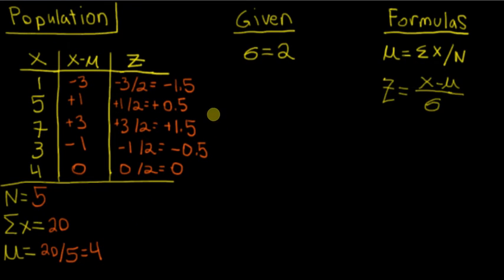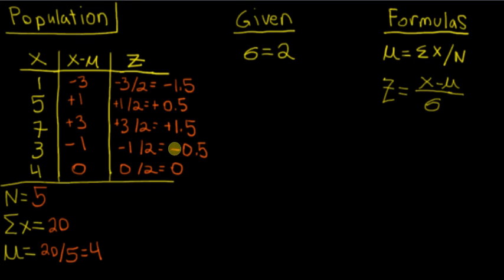Now if you remember reading about the theory before you do these calculations, and that's what I suggest you do, you'll know that the mean of a z distribution is always equal to 0. So basically the difference between the x-score distribution and the z-score distribution is that the x-score distribution has its own mean, which is in this case 4, whereas the z-score distribution, because it's standardized, will convert that 4 into a 0.